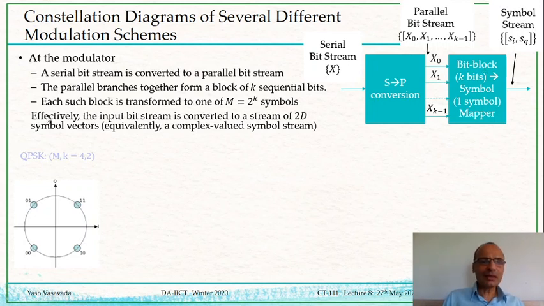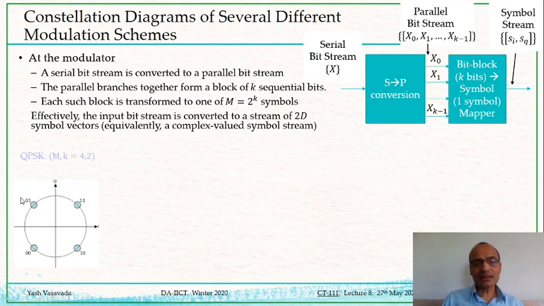So this is, for example, a mapping of QPSK. M is equal to 4, k is equal to 2. These are the 4 constellation points. And the bit block here, x0, x1, up to x of k minus 1, is just 2 bits at a time. Bit sequence 1, 1 will get mapped to this symbol. Bit sequence 0, 1 will get mapped to this symbol, and so on.